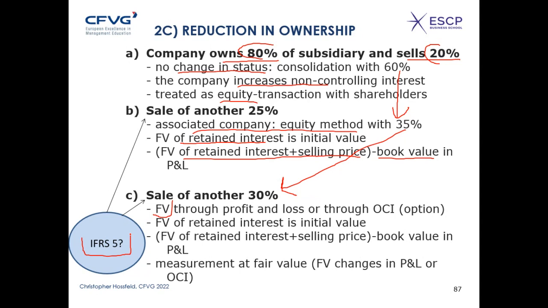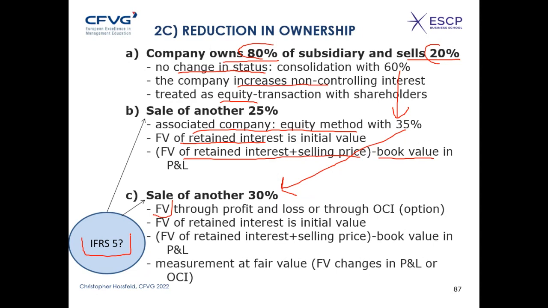So if I plan to sell the 25%, then maybe I have to apply IFRS 5, which changes obviously the accounting. I will not go into detail here, but we need to reclassify the investment. It's not an equity method investment anymore or a financial asset. I need to reclassify this and change my valuation or measurement methods.